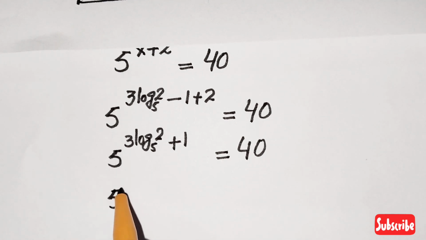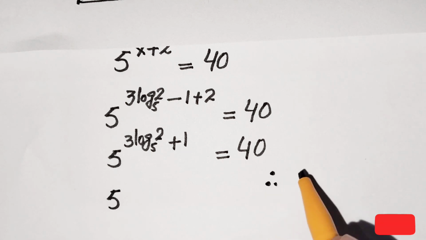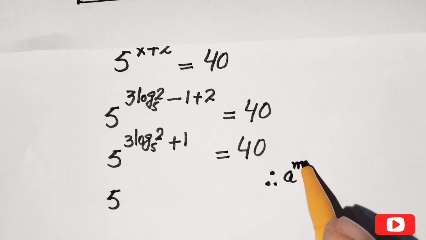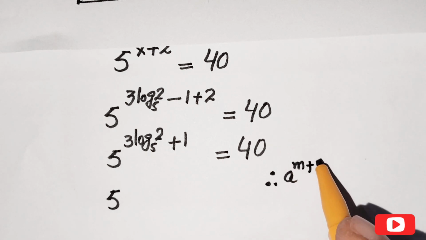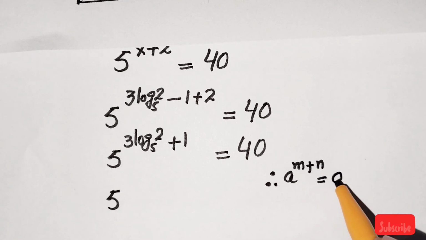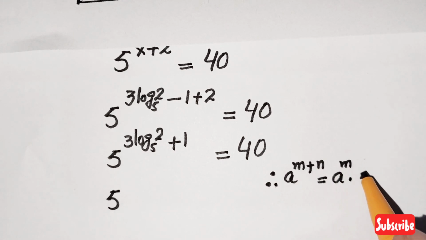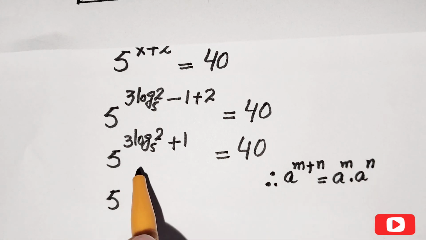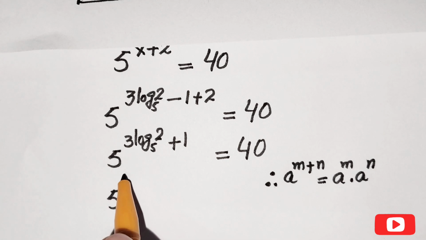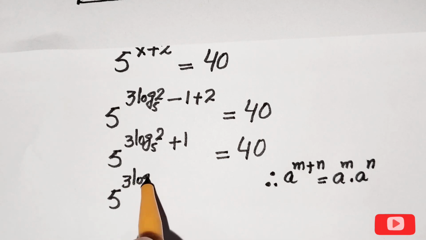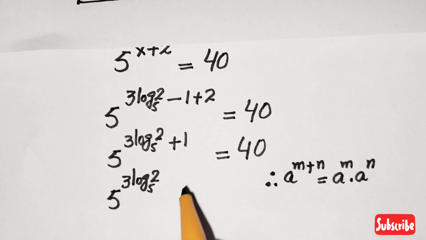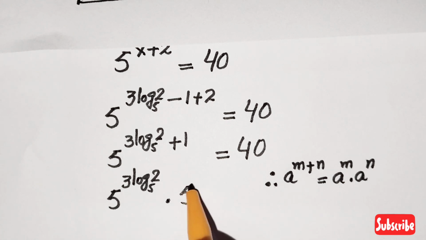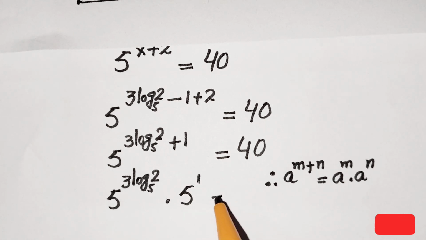We can write it using the exponential law, that if we have a raised to the power m plus n, then we can write it as a raised to the power m times a raised to the power n. So we are going to apply this law here. Then we get 5 raised to the power 3 log 2 with base 5 times 5 raised to the power 1, which is equal to 40.